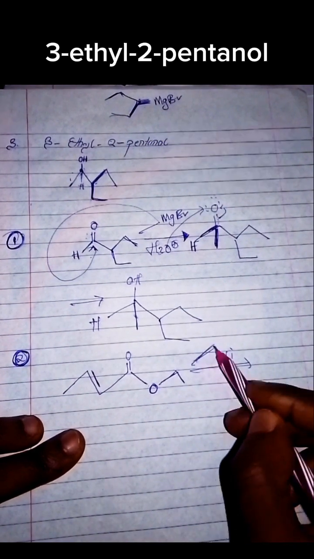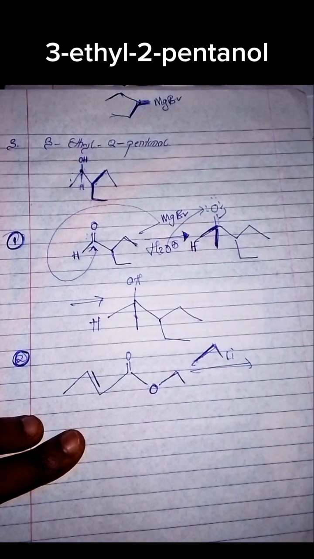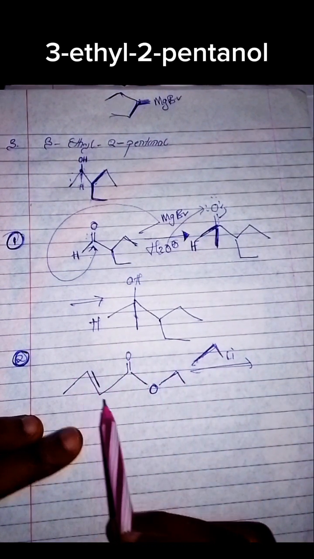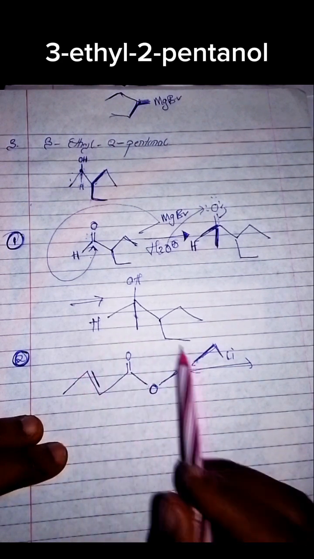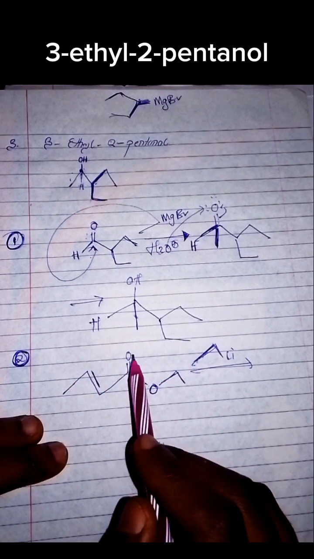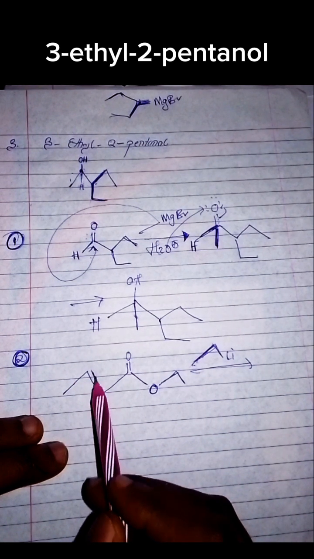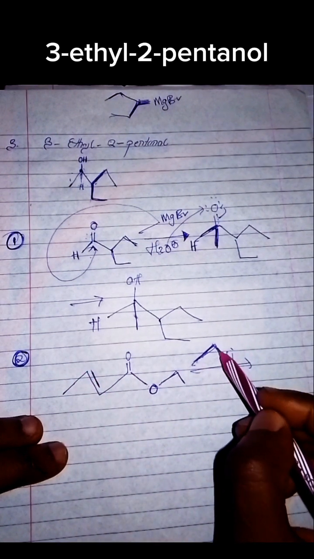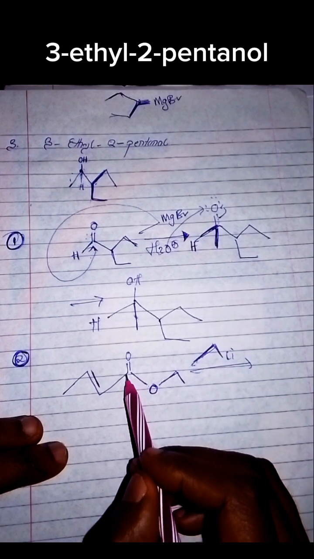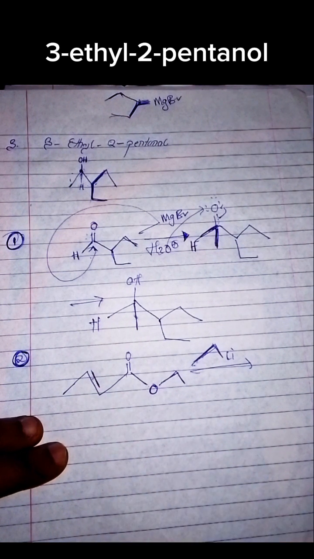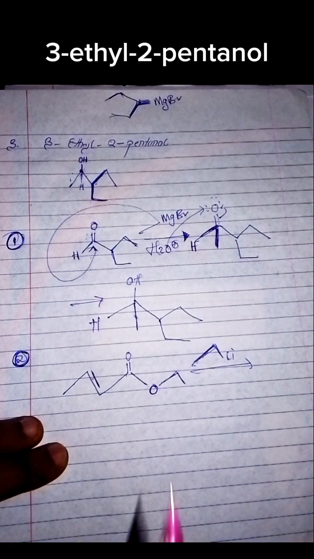There is a special property about organolithium compounds. Whenever your substrate, let me just call this a substrate, whenever your carbonyl compound has a double bond, an alkene group somewhere, the organolithium, before attacking the carbonyl, will attack the double bond, and it will always attack at the least substituted carbon.